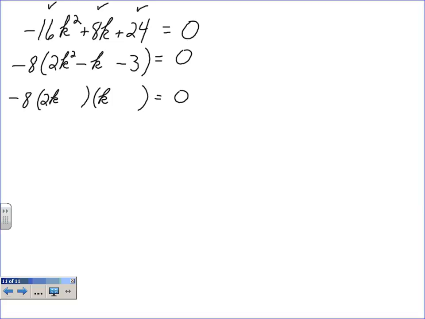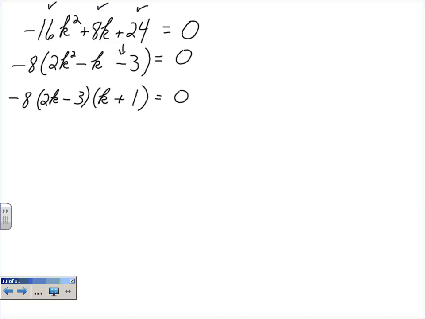And then what about 3? All right, so we go back to our guess and check. I think you're going to find it's going to be 3 and 1. And I know the signs are going to be different because that's a negative 3. So one's going to be positive, one's going to be negative. So after you guess and check, to make sure that you factored it correctly, it's going to look like that.